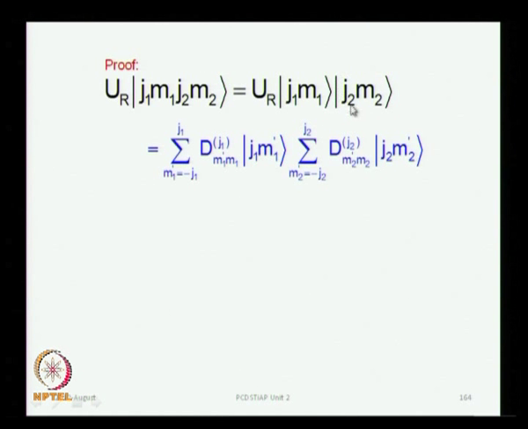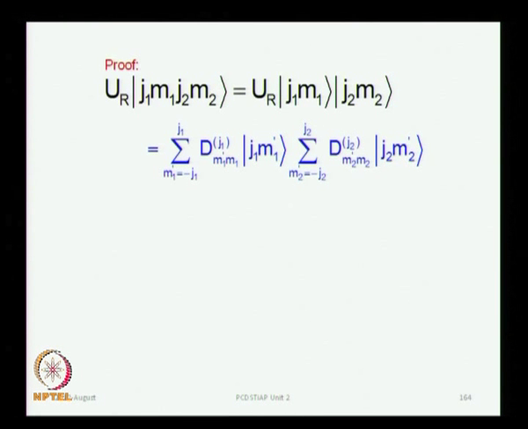Likewise, J2 M2 will also respond to the rotation, and you will get a linear superposition of the base vectors. M2 prime will go from minus J2 to plus J2, and you combine these base vectors with appropriate coefficients, which will be the Wigner-D matrix elements belonging to the J2 space.